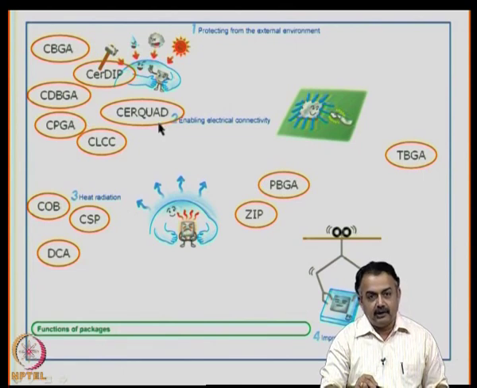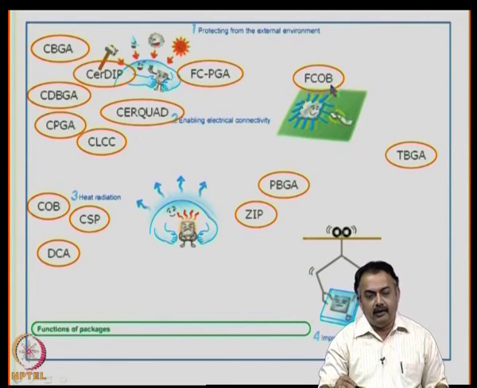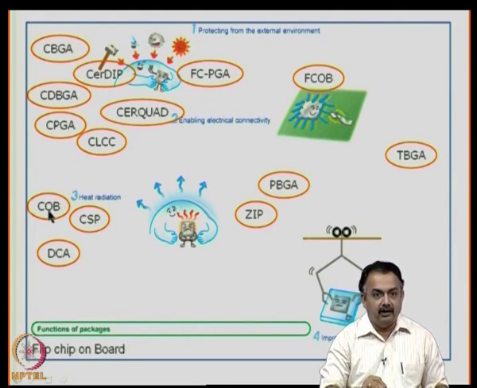CERQUAD is known as ceramic quad flat pack. FCPGA, this is flip chip pin grid array system or package. FCOB is known as flip chip on board. That means, you are using a flip chip on board, which is different from a chip on board, where in a chip on board you will have face up configuration.